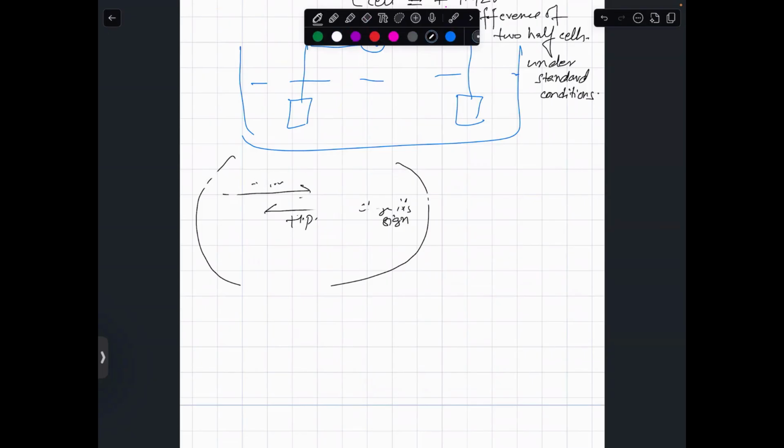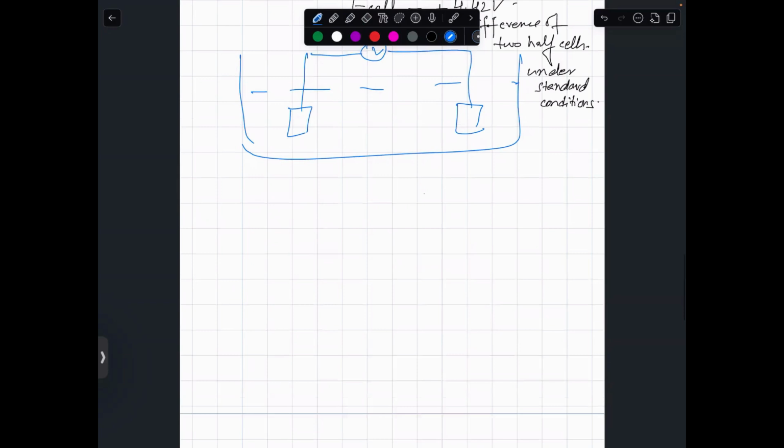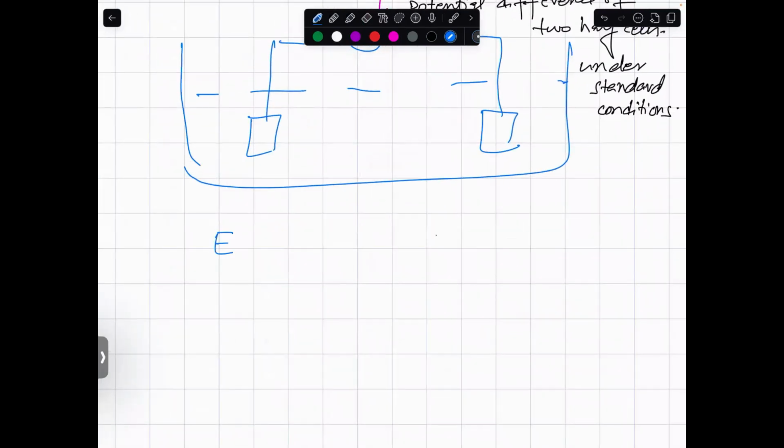Or what is the other method? Listen. What is the other method? E cell is equal to what? E cell is equal to E reduced minus E oxidized.